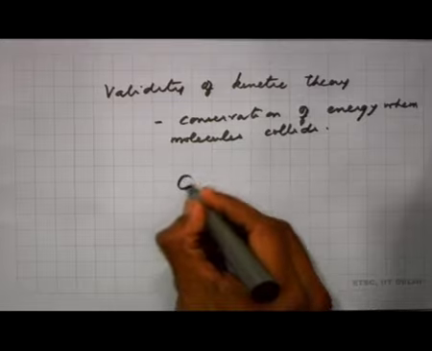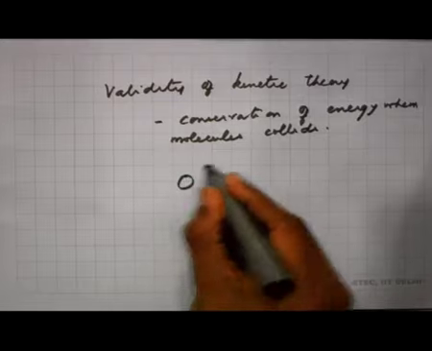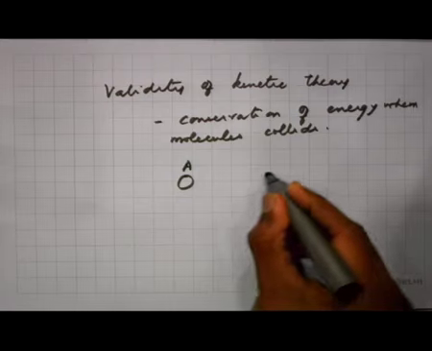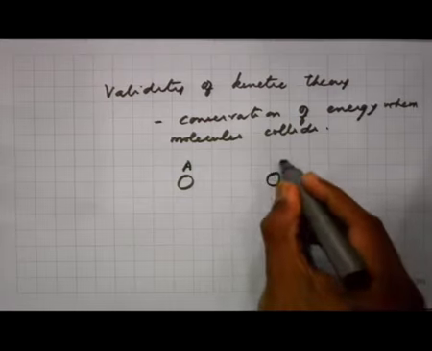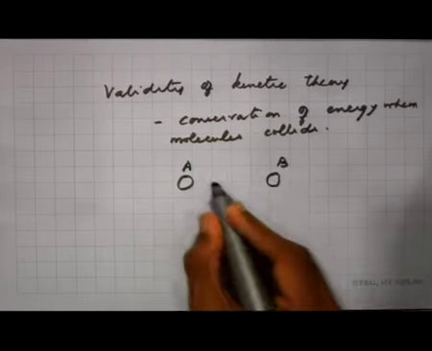So imagine that I have a molecule A and I have a molecule B. Imagine that B is steady.